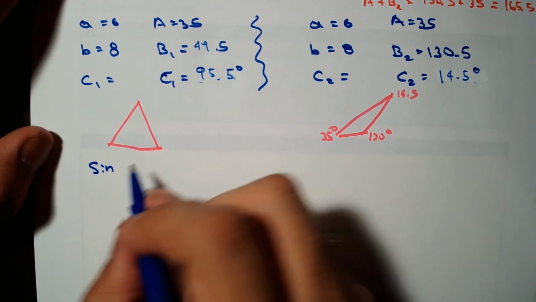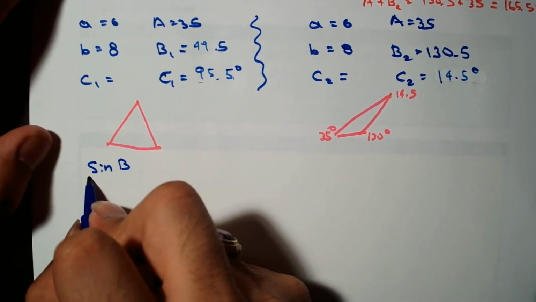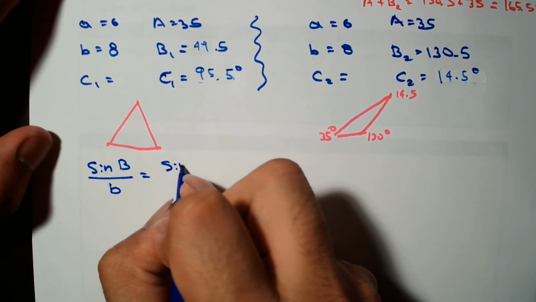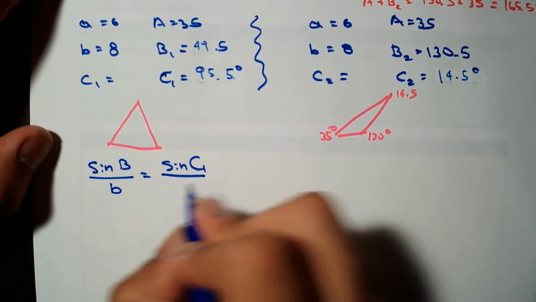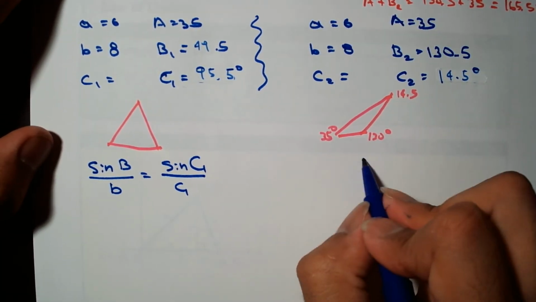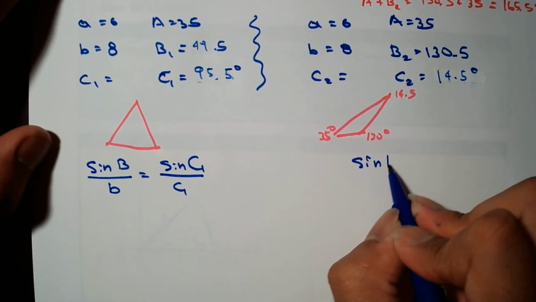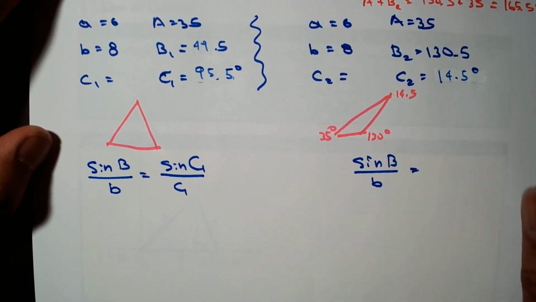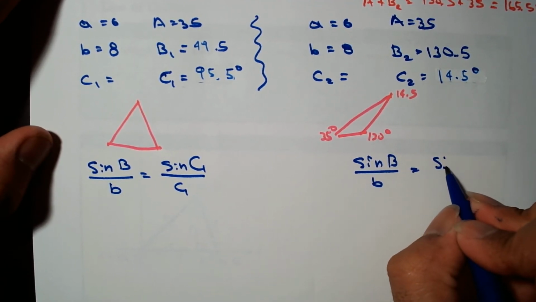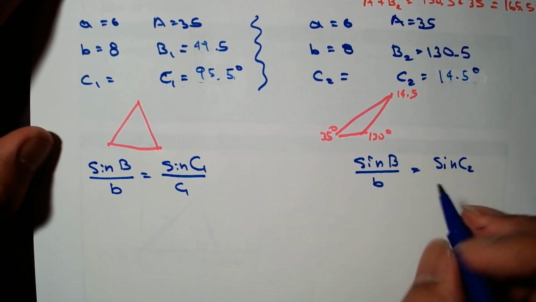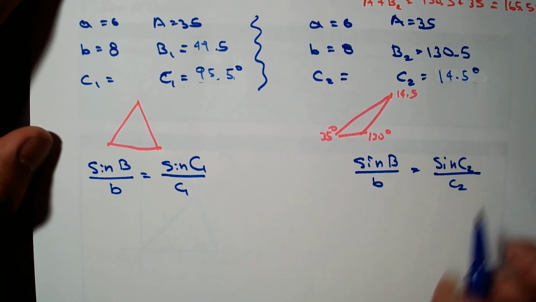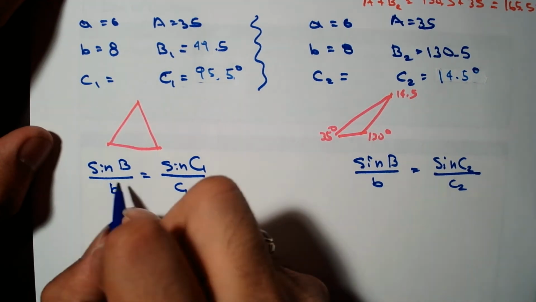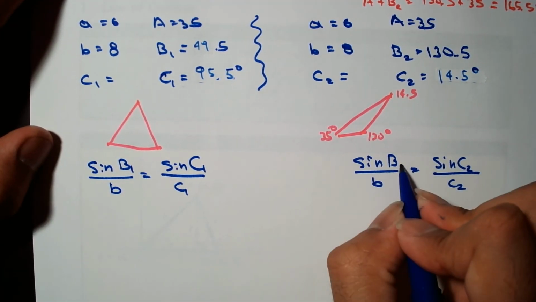So let's do sine angle B over side B equals sine angle C1 over C1. And then the same over here, but for 2. So sine B actually involves B1, B2.